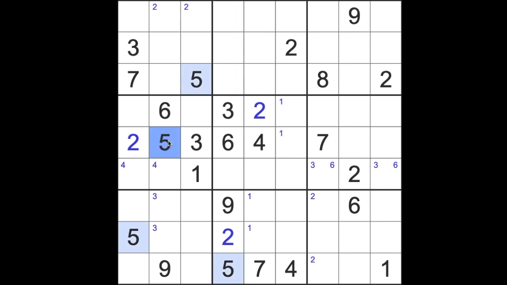Not much else yet. 5. Okay, so the 5 blocks along here. So again, 5 is in one of these squares. So this can't be 5. This 5 stops here. This 5 blocks this square here. So 5's in one of these squares here. And over here, 5 like that.